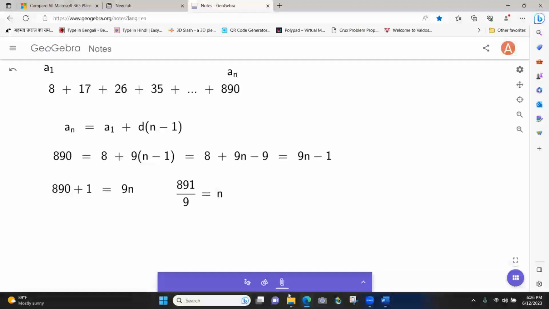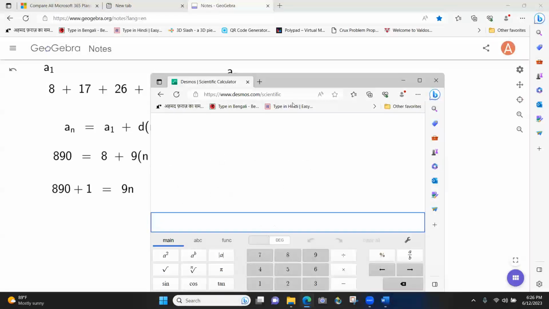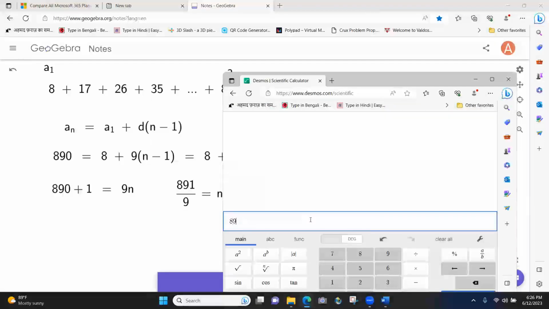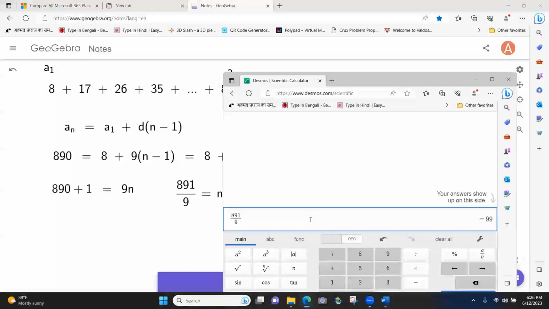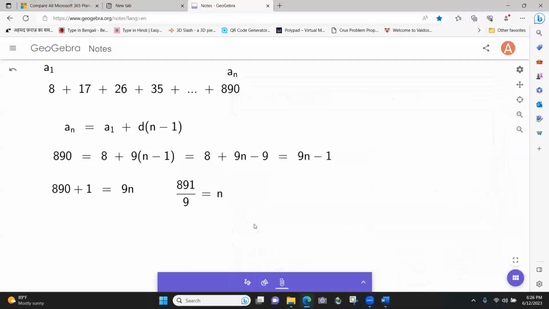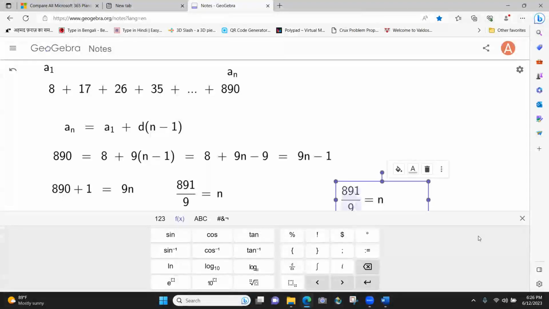Okay, so let's work on it. 891 divided by 9, I'm getting 99. So this means this is 99. Now, that's correct.